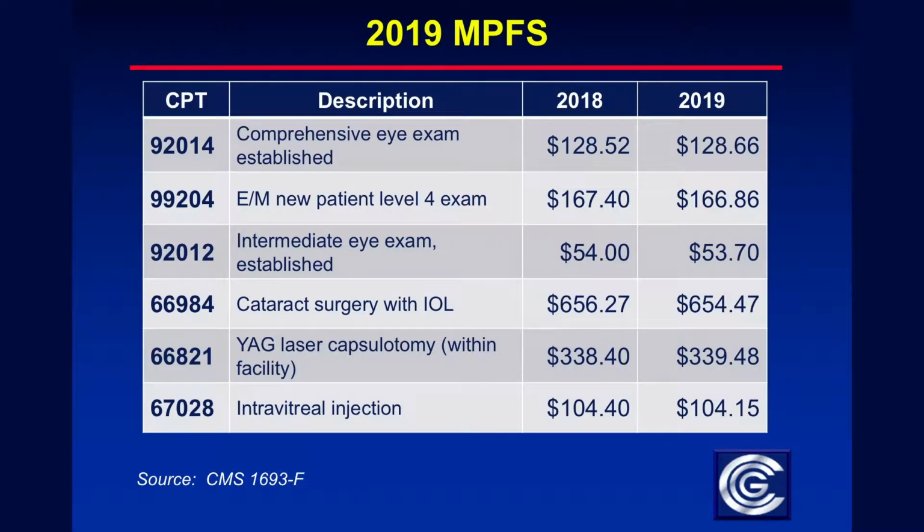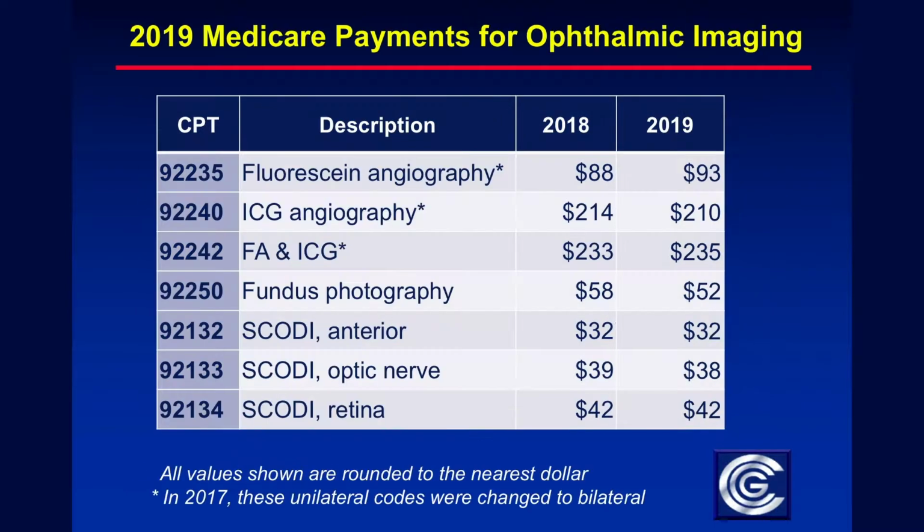Within the Medicare physician fee schedule, the most frequent ophthalmic procedure codes changed very little at all. After 2017's large changes in reimbursement for ophthalmic imaging, the 2019 Medicare physician fee schedule is largely unchanged, with the exception of fundus photography, which continued a downward trend.